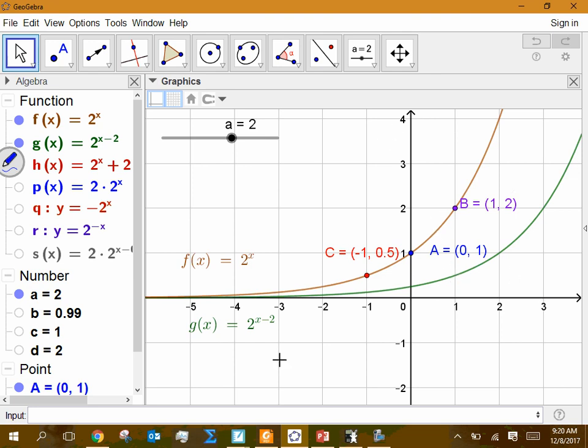So if I were to highlight them, and this is where I think it's important to understand those blue points. If the blue points are key points on 2 to the x, then x minus 2 should take the x values and add 2 to all of them. So I should have 3 comma 2 show up, I should have 2 comma 1 show up, and I should have 1 comma 0.5 show up on my new curve, right?